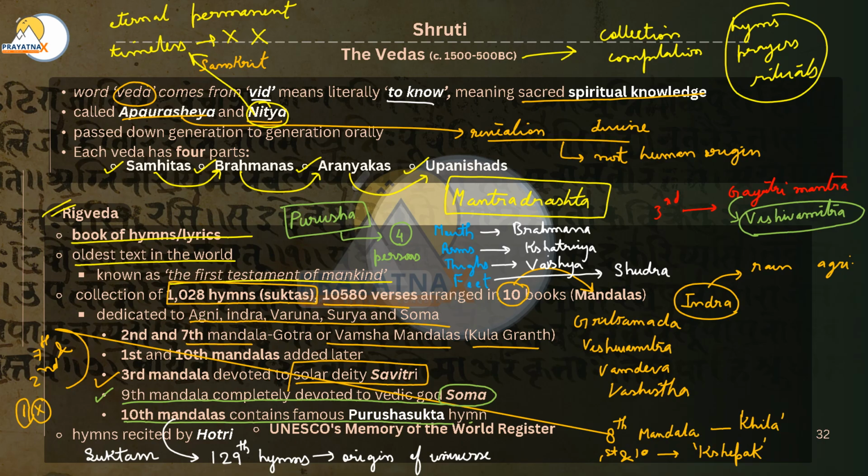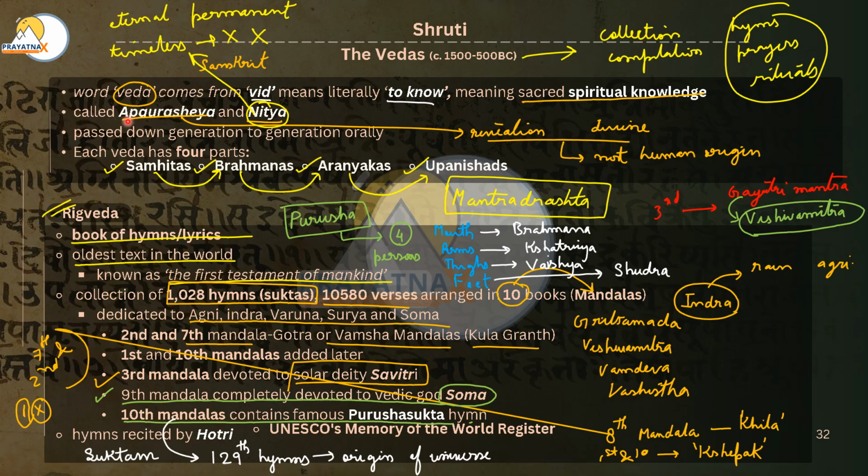Now let us quickly revise. Like I already said, Vedas are nothing but the texts which were passed on from one generation to the other. It was done verbally, and thus it is known as Shruti, as Shruti itself means revelation. The word Veda comes from the word Vid, which basically means to know, and the term Veda as a whole means sacred spiritual knowledge.